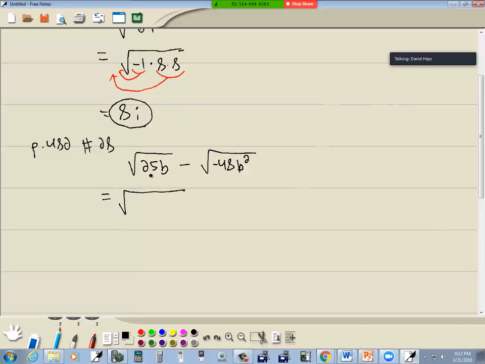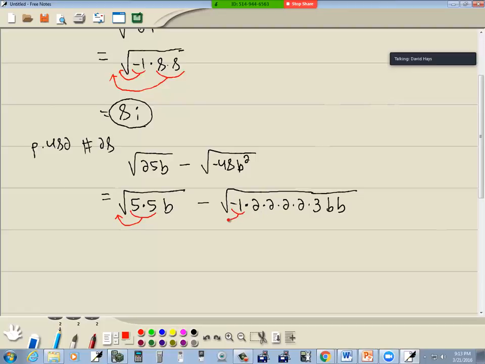Always simplify your radicals before you do anything else. 25 is 5 times 5. And over here, -48, that's -1 times 2, 4, 8, 16 times 3. And b squared is 2 b's. Now remember, we're looking for a pair of somethings. Here's a pair of 5s, so that's going to come out in front as a single 5.